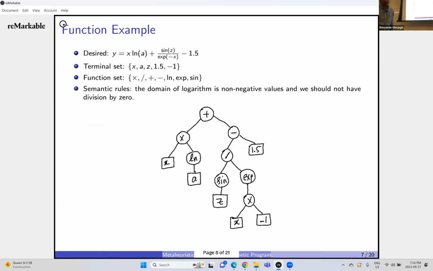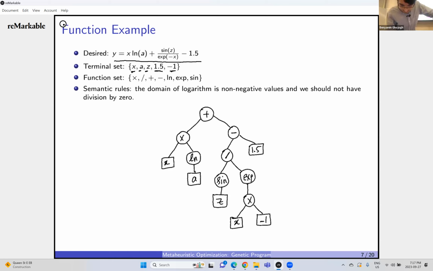Also, now consider this function. Y, which is the label, equals x times natural logarithm of a, where a is also a variable, plus sine of z, where z is a variable, over exponential of minus x, where x is a variable, minus 1.5. And the terminal set, of course, is x, a, z, 1.5, minus 1, right?